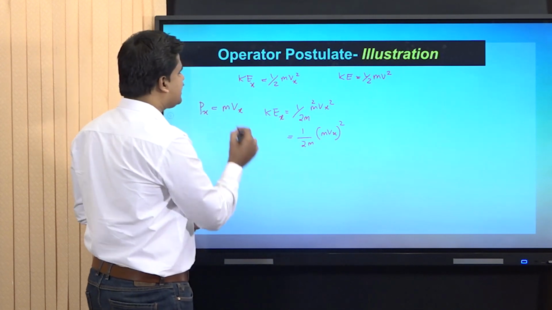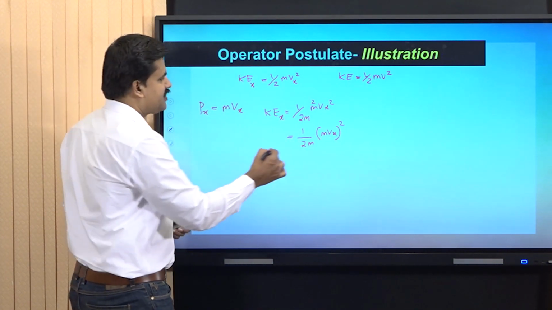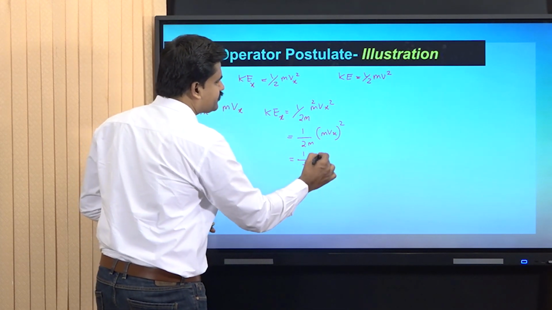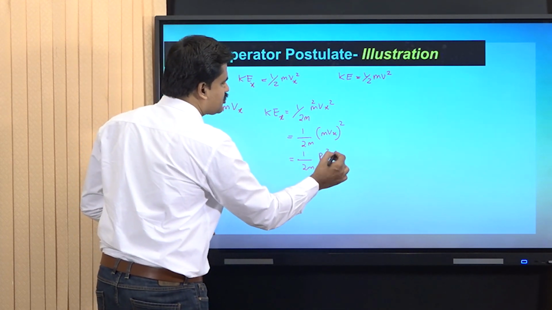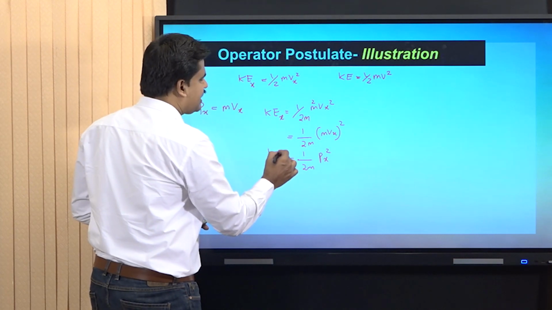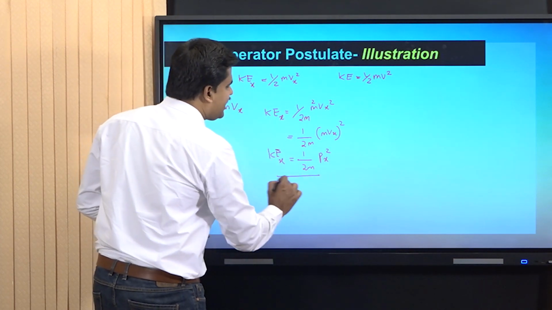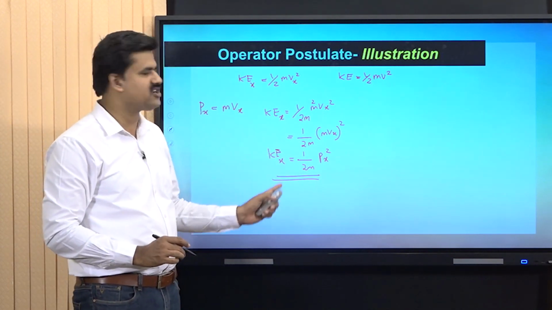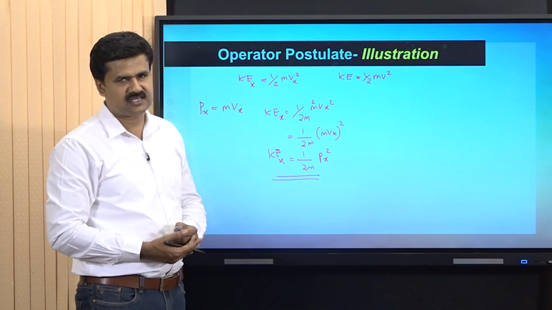You know that m vx is equal to Px. Therefore, 1 by 2m Px square. This is the correct classical expression for kinetic energy along x direction.